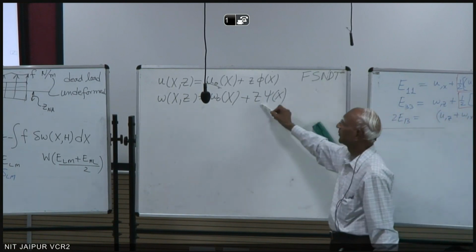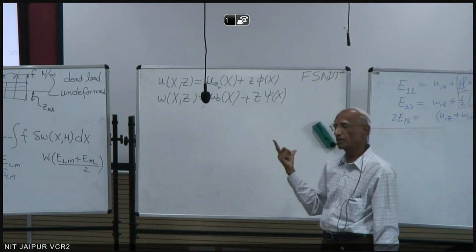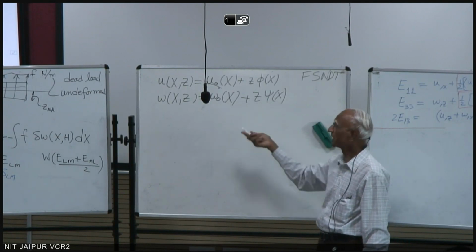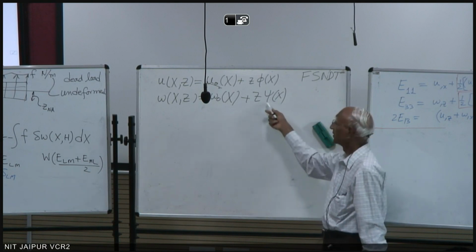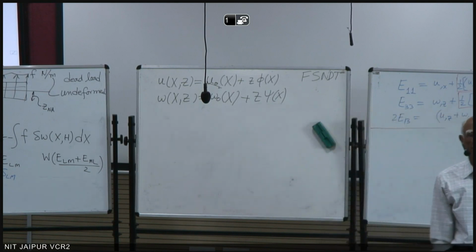Normal because you have a normal strain now, even though it's a constant. If you take delta W over delta Z in the linear approximation, it's a constant as a function of Z.